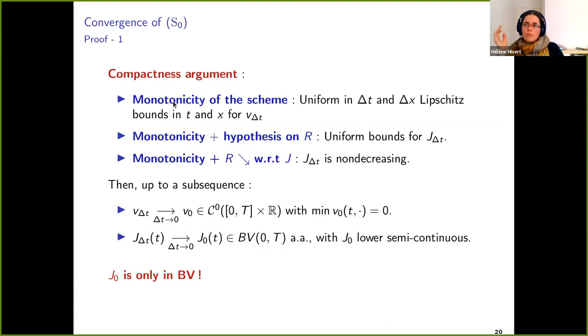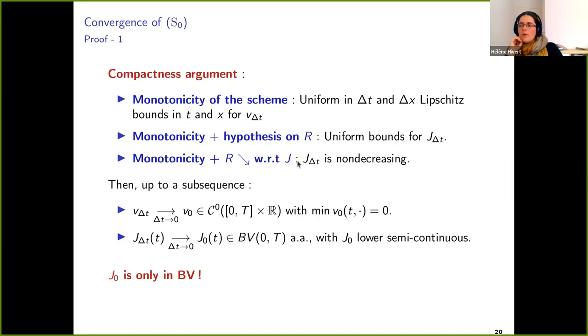And so, very quickly, the ideas. The compactness argument comes from stability estimates, and it is only a consequence of the monotonicity of the schemes and of the monotonicity of R with respect to its second argument. So you have uniform Lipschitz bounds for v_dt in t and x. You have uniform bounds for j_dt, uniform with respect to dt.